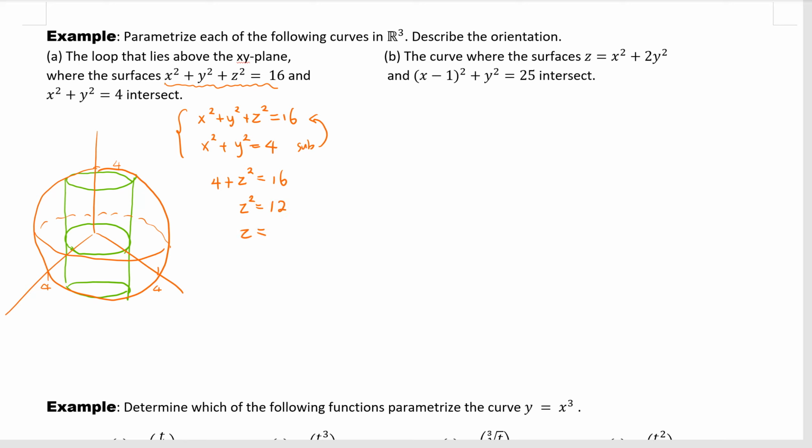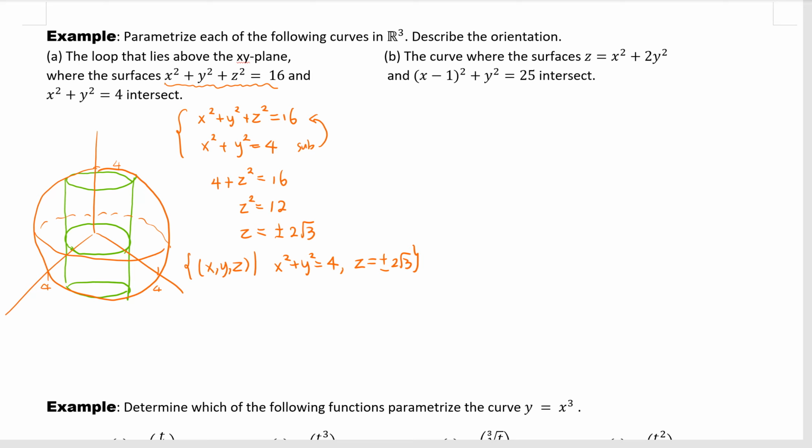So z equals plus or minus square root of 12, which is 2 root 3. Okay, so what do we get? We get the curve, which consists of points x, y, z such that x squared plus y squared equals 4, and z is either positive 2 root 3 or negative 2 root 3.